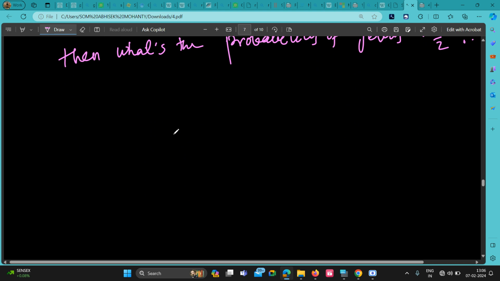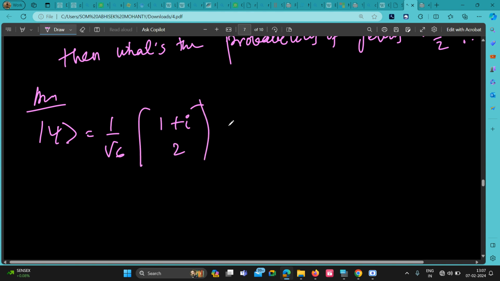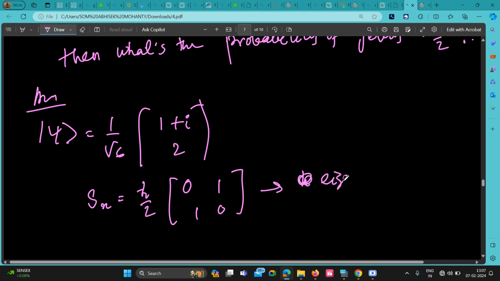Okay. See what is given. Psi is given as 1 by root 6 (1 plus i, 2). So if you see, your Sx is what? H cross by 2 times the matrix (0 1; 1 0). And the eigenvectors and eigenvalues are what? Eigenvalues are plus or minus h cross by 2.